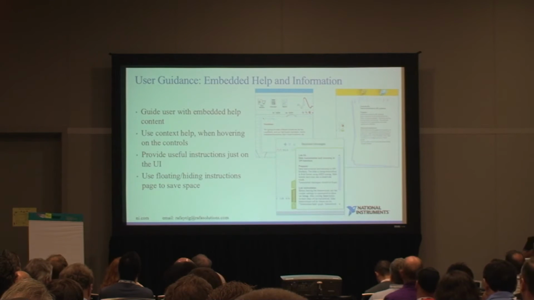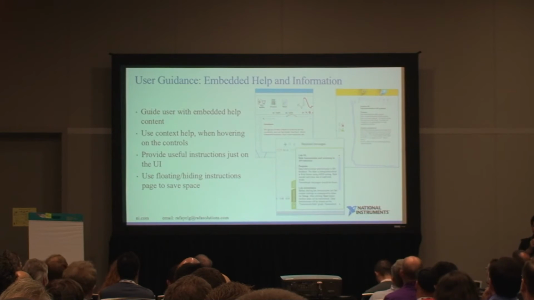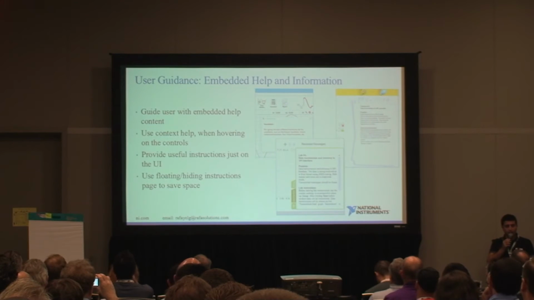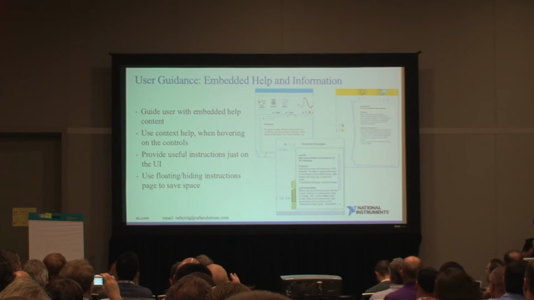And then user guidance is the other part of what we discussed about consistency and feedback. User guidance is when you guide your customer when he's already working on the application. That's the help assistance, that's the hints that are coming out.